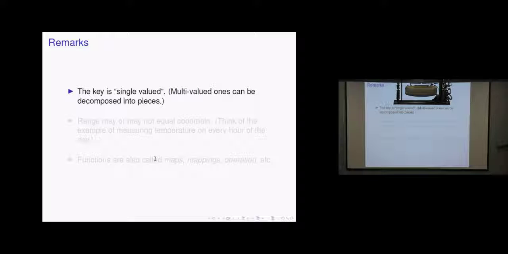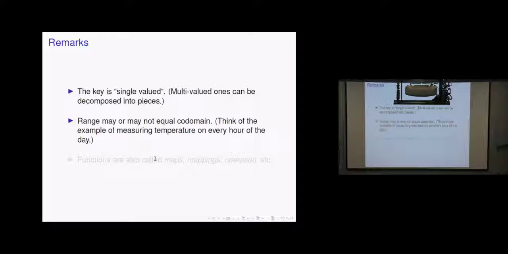Suppose in real life I'm interested in multi-valued, right? So why can't I study several values at the same time? Well, you can, but it's better to decompose multi-valued into several single-valued ones. If you understand everything about single-valued, you understand multi-valued, right? So it's no big deal. Our restriction is not too bad and makes things much clearer. So we define a function this way.